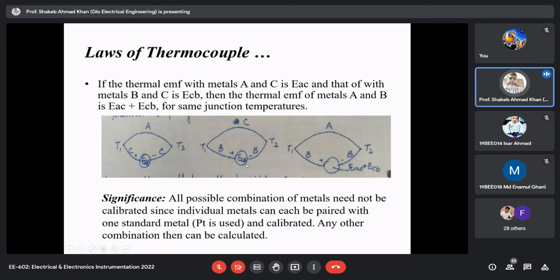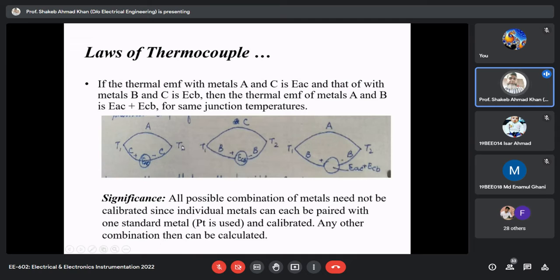So this law is basically called law of intermediate metal. Here in this case, you see we are having one common metal in these two thermocouples. That is C. We are having AC and we are having CB.